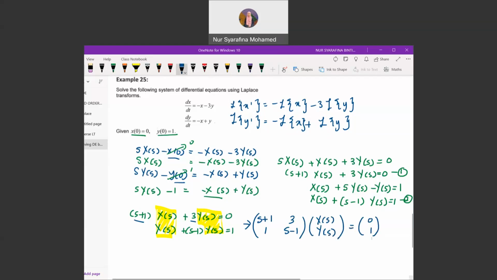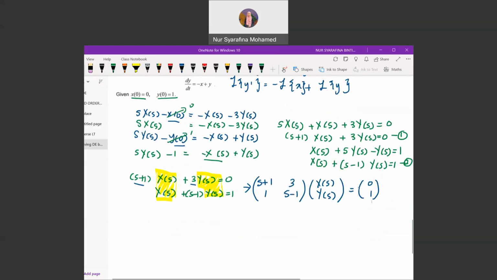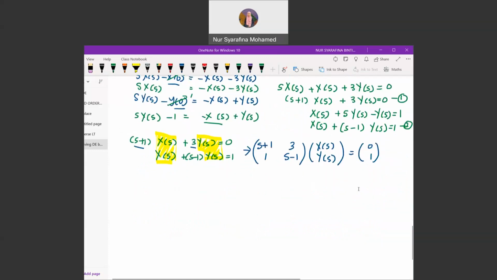So we want to find x and y by using Cramer's rule, remember? Let's say here we have a matrix A equals s plus 1, 3, 1, s minus 1.